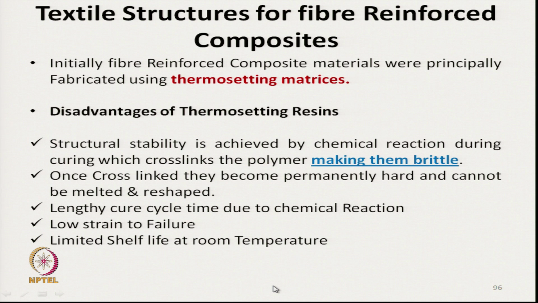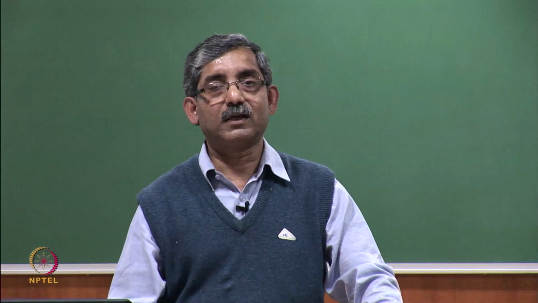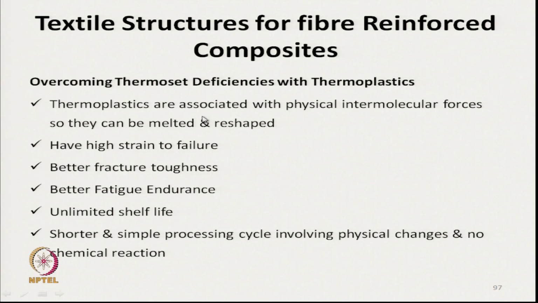That is why textile structures are developed nowadays using thermoplastic matrices. So, thermoplastic matrices are associated with physical intermolecular force, so that they can be reshaped again. On heating they can be melted, they have higher strain to failure as compared to thermosetting matrix, better fracture resistance, better fatigue resistance, unlimited shelf life.